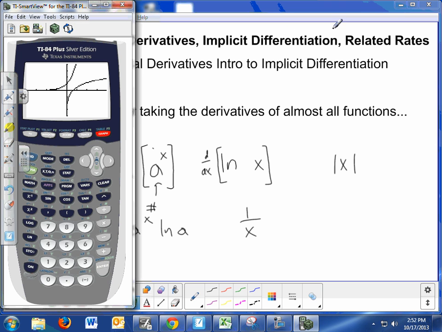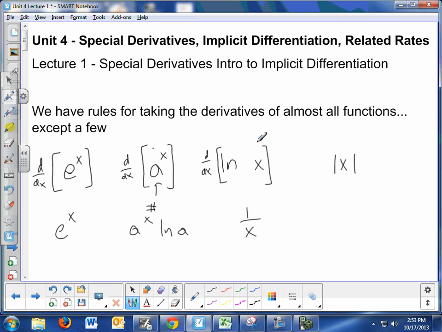So what we say is, in this situation, x must be bigger than 0. But we'll look in a little bit at how, if we take the absolute value of this x, we can take the derivative of that for any x. And that leads us to our last one, the absolute value of x.